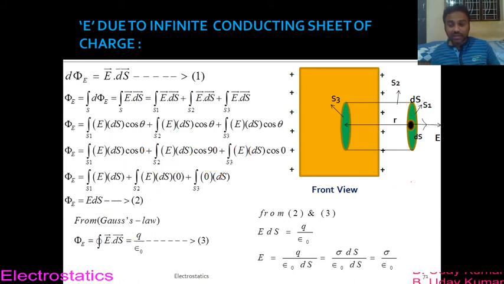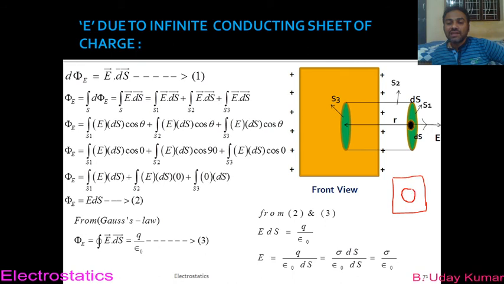To make it clear, I am erasing everything. Can you observe this diagram carefully? This is the front view. And if the same diagram is seen from the side view, how does it look? You cannot see a cylinder, rather you see a circle here. What will be this circle? This is the bottom surface of the cylinder that you are seeing here. You can only see a circle now.